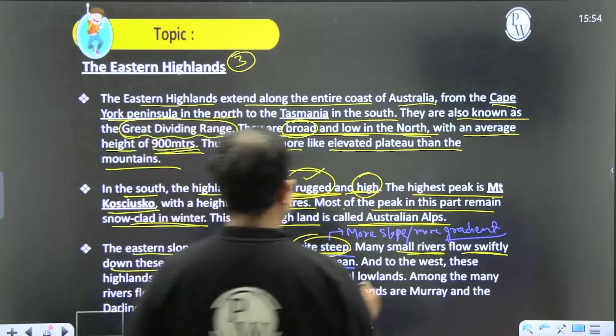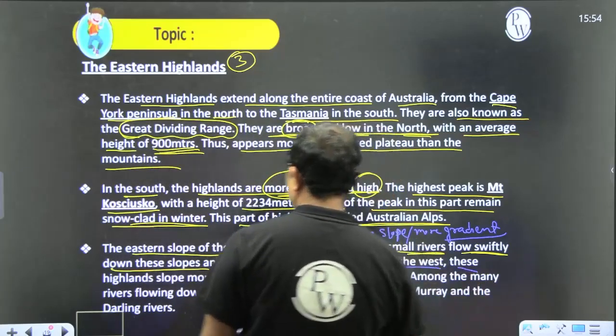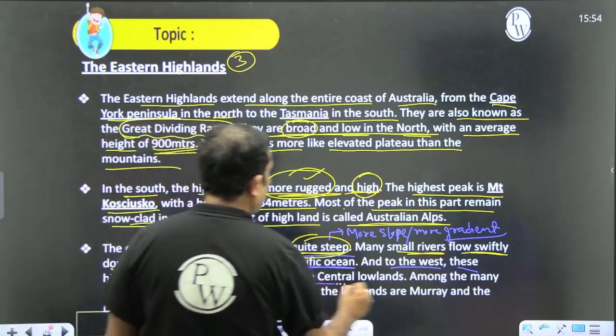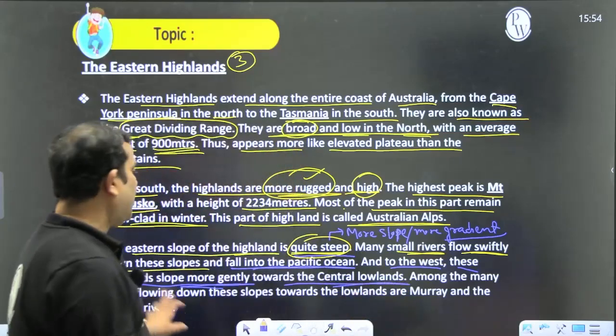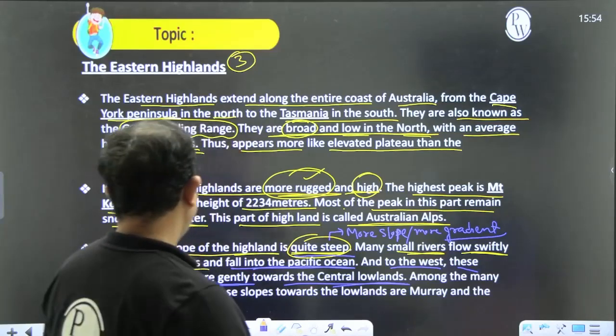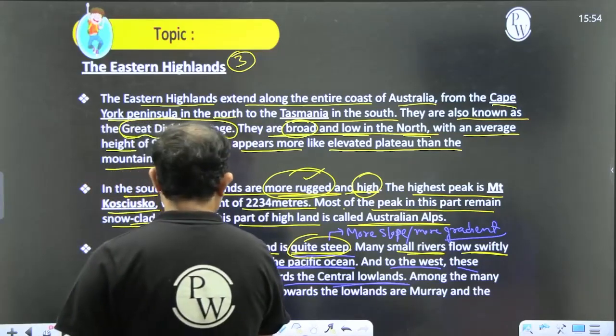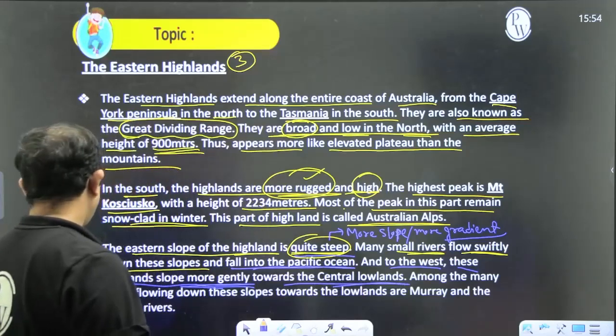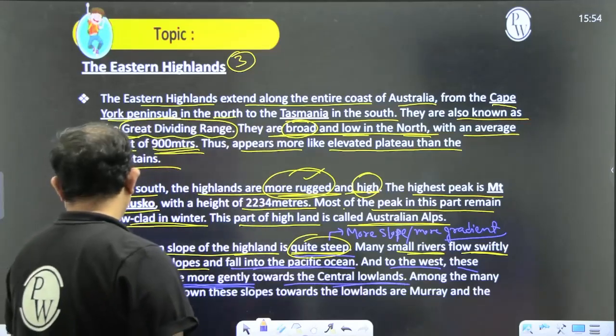And to the west, these highlands slope more gently towards the central lowland. Compared to the eastern side, the rivers in the west flow down more gently towards the central lowland.